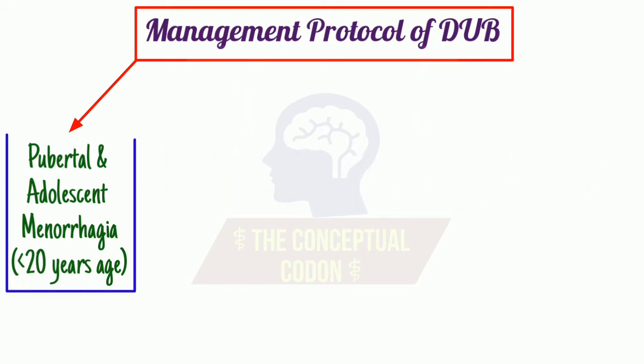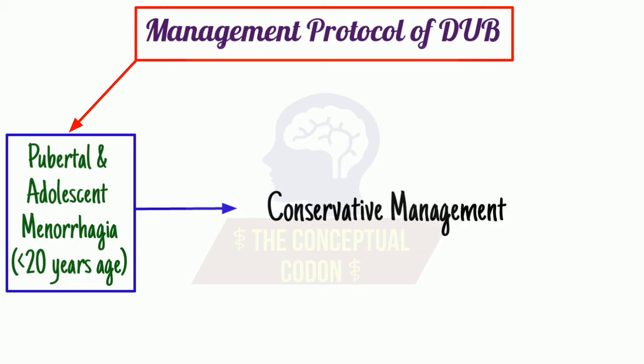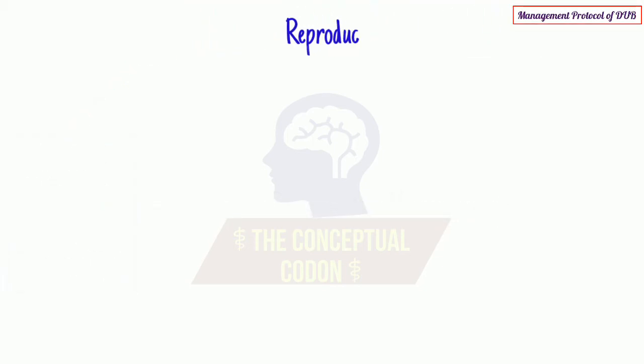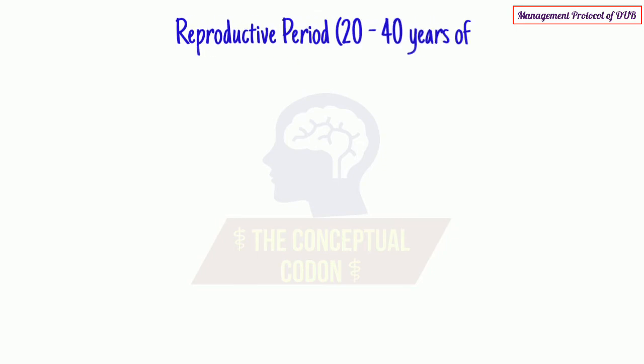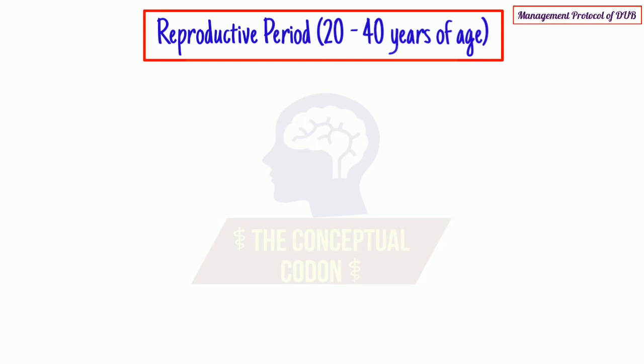Regarding pubertal and adolescent menorrhagia, where the age of the patient is less than 20 years, it is managed conservatively. Now coming to the patients in the reproductive period, that is the 20 to 40 years age group, suffering from dysfunctional uterine bleeding.